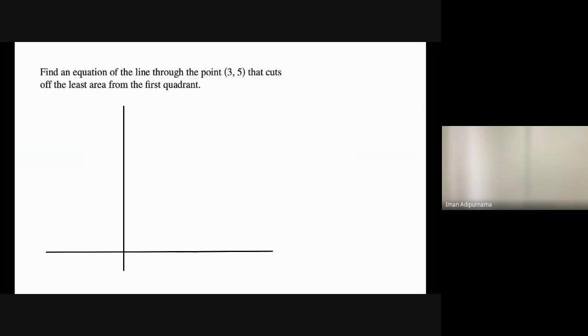Okay, so first thing is you have an equation of a line. It should go through the point 3, 5, this one here, and cut off the least area from the first quadrant. So we need to have exactly the line equation that is going through this point 3, 5.